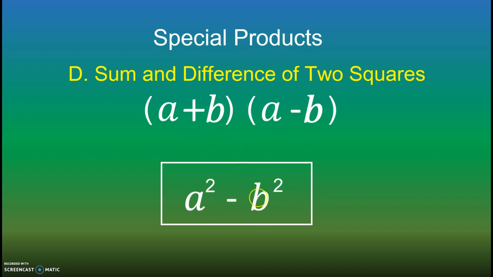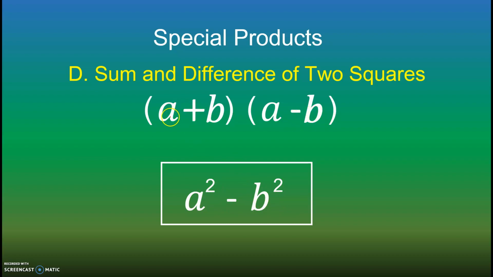Okay? So you can check this one if you use the multiply method, FOIL method. So you can arrive at this pattern when you use the FOIL method between these two binomials, no? So square ng first term, minus, then square ng last term.